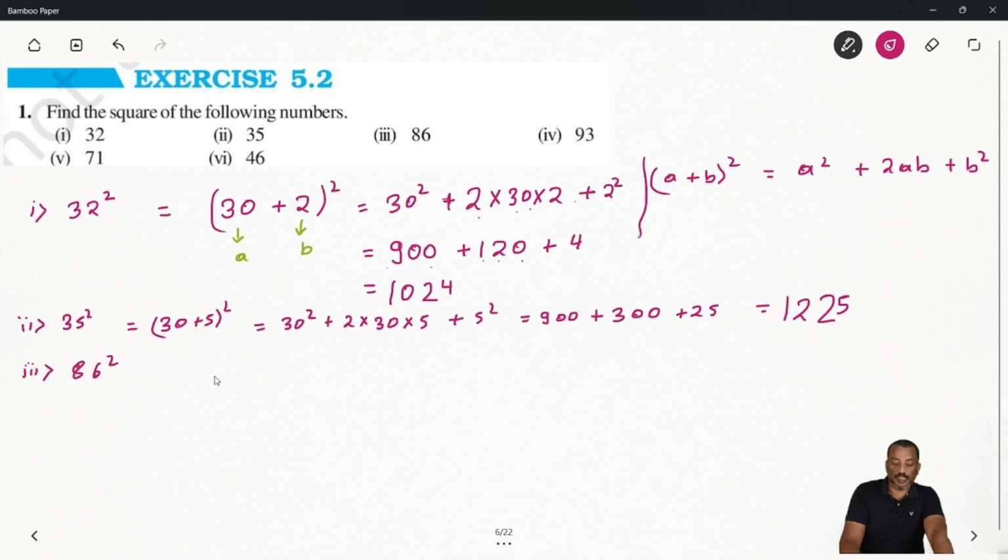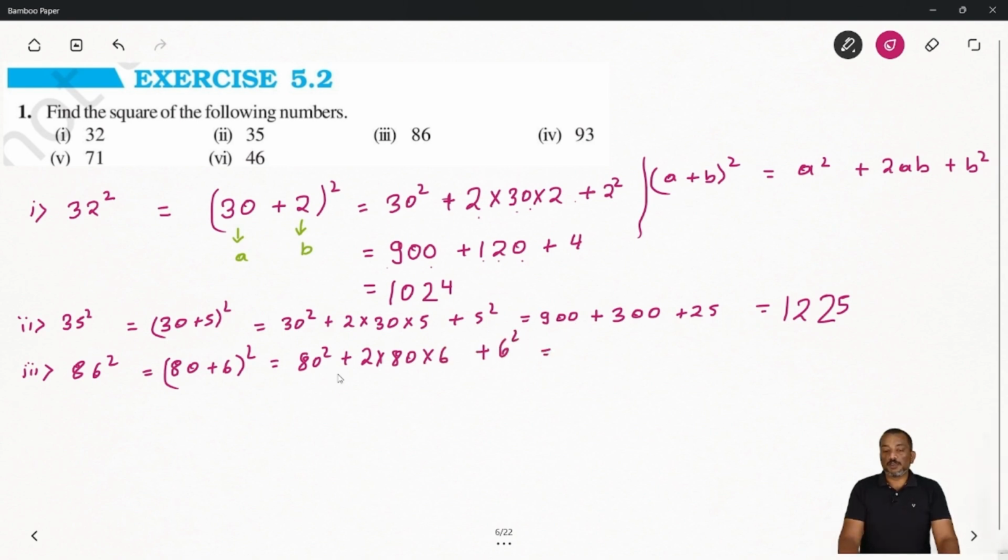86 square, and we have to find this one. So same way we can say 80 plus 6 whole square. So this one you will get how much? 80 square plus 2 times 80 times 6 plus 6 square.